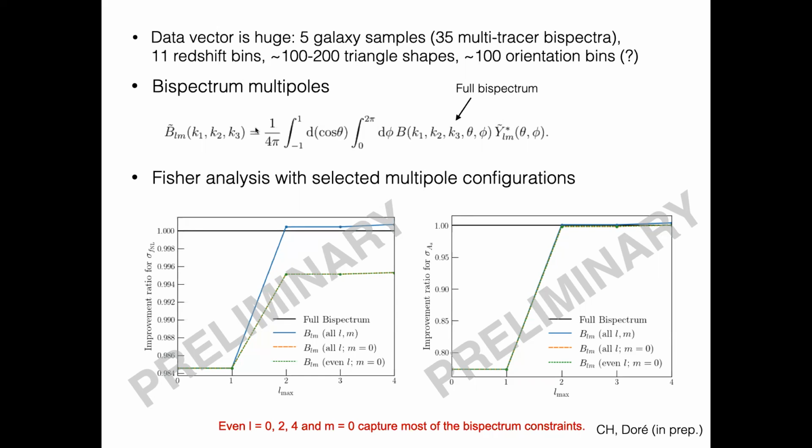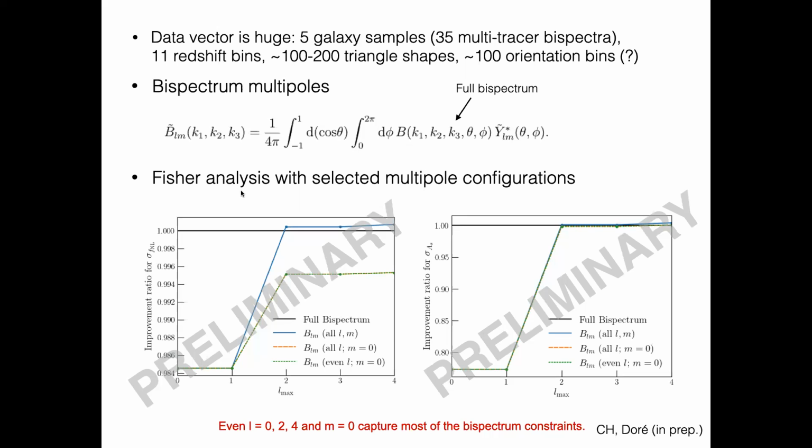But if you go into multipole space, if you project the 2 spherical angles that parameterize the orientation of the triangle with a spherical harmonics projection, just like we were seeing earlier in the CMB decomposition, you can end up with just a few multipoles that carry all of the information that you need.